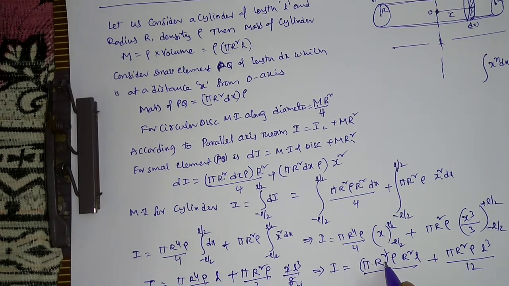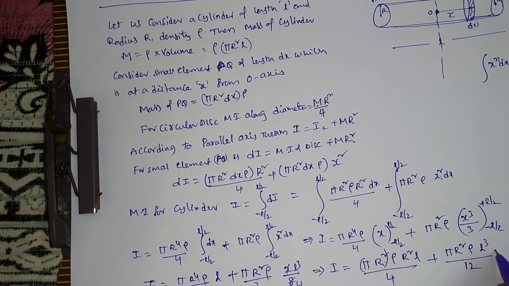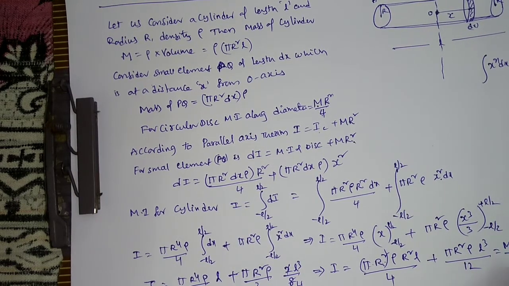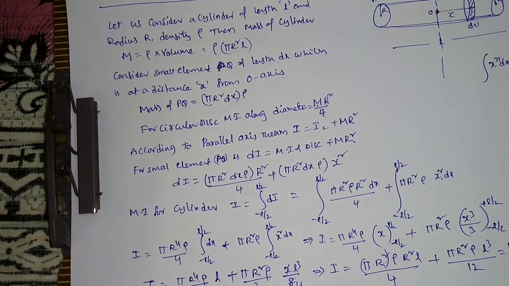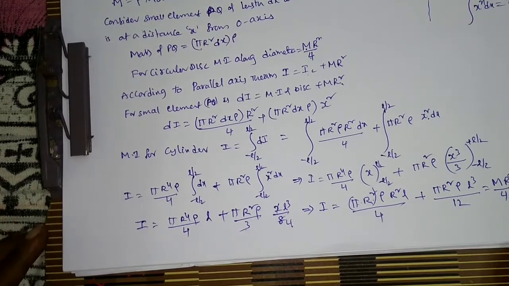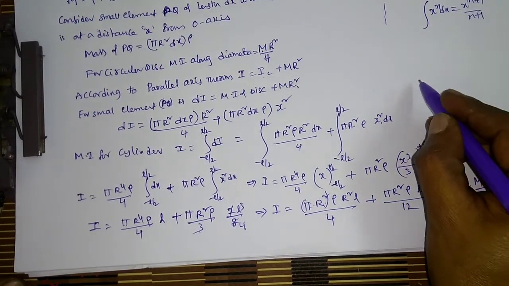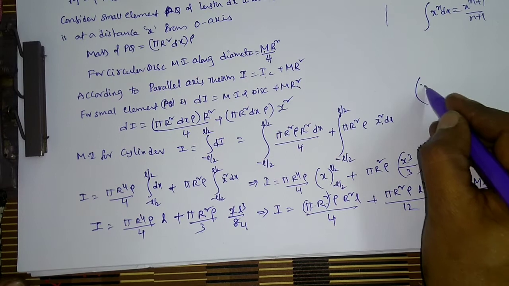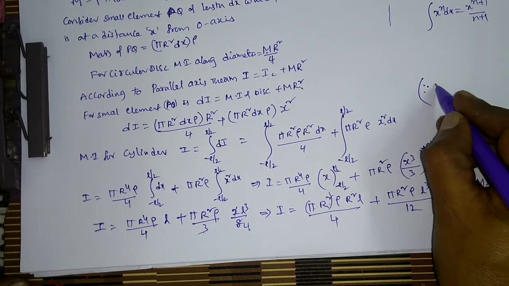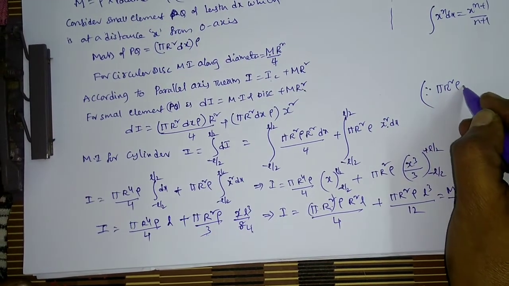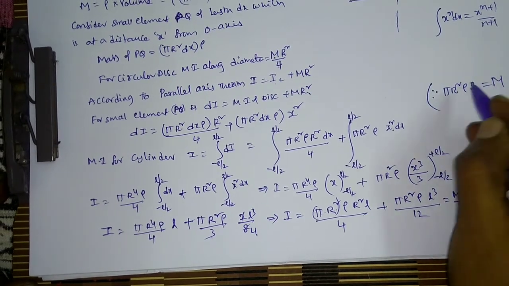Now pi r square rho L is nothing but capital M value. So it is m r square by 4 plus m l square by 12. As we know, pi r square rho L is nothing but mass.